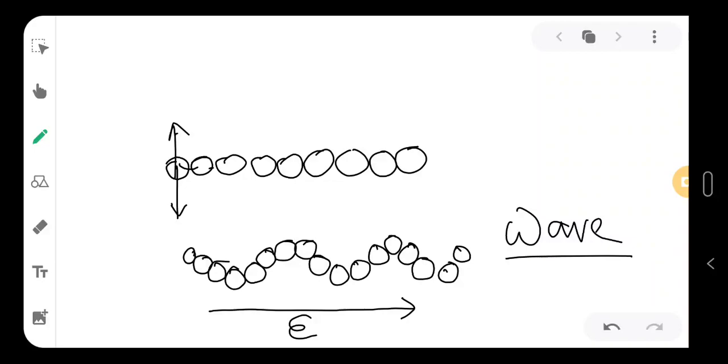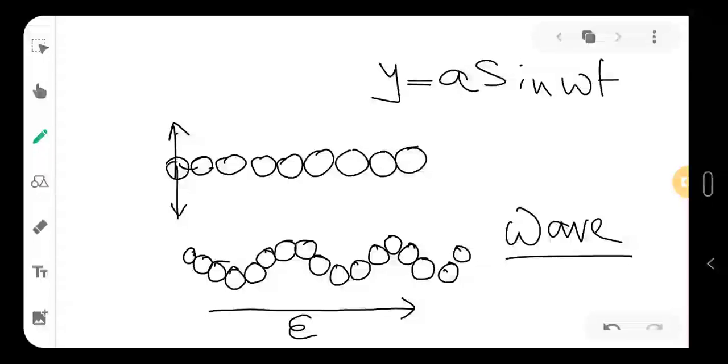Now we have already talked about oscillation, and we have seen that the displacement in oscillation can be written as y = a sin(ωt). What is omega? We know that omega is nothing but 2π/T, the angular velocity, and t is the time.